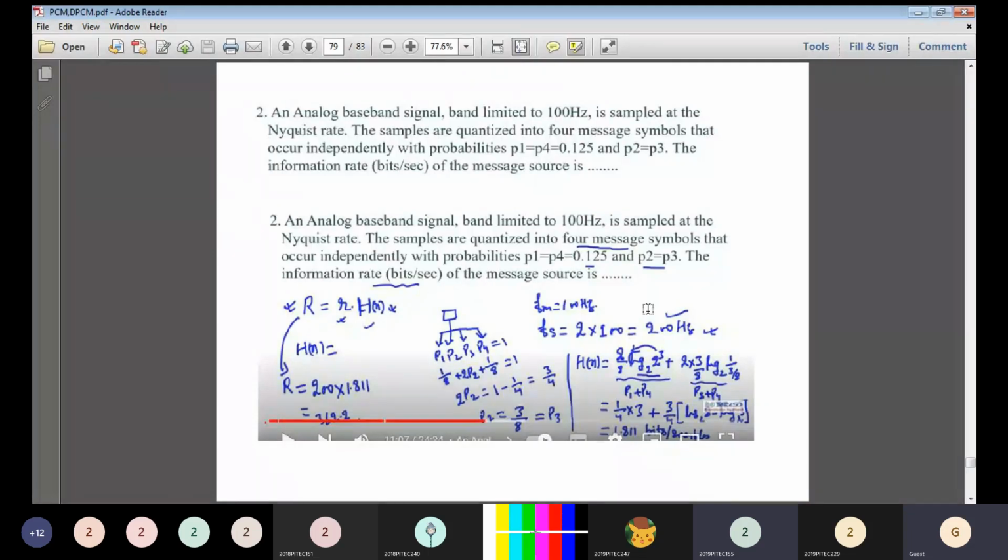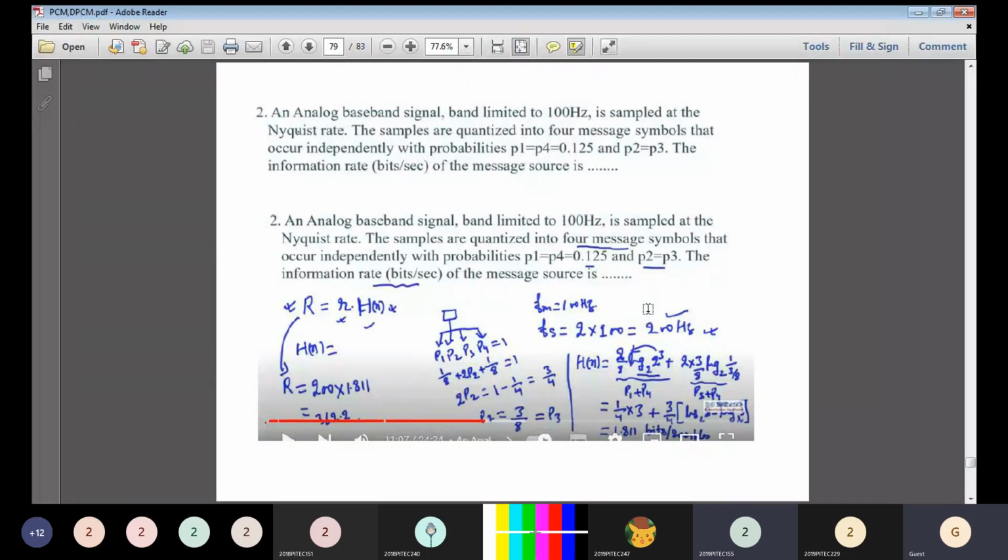So the value is 362.2. That is the information rate of the message source.